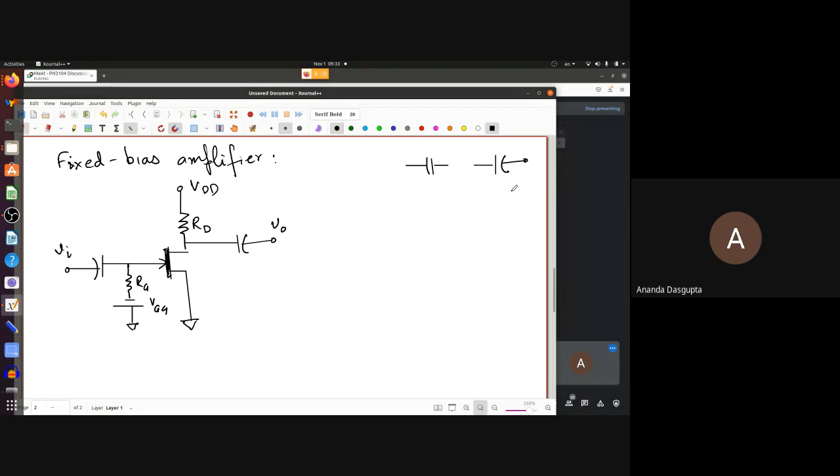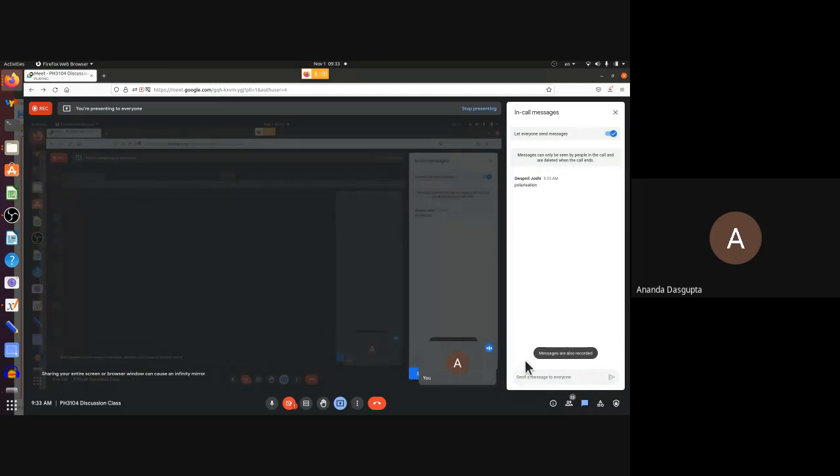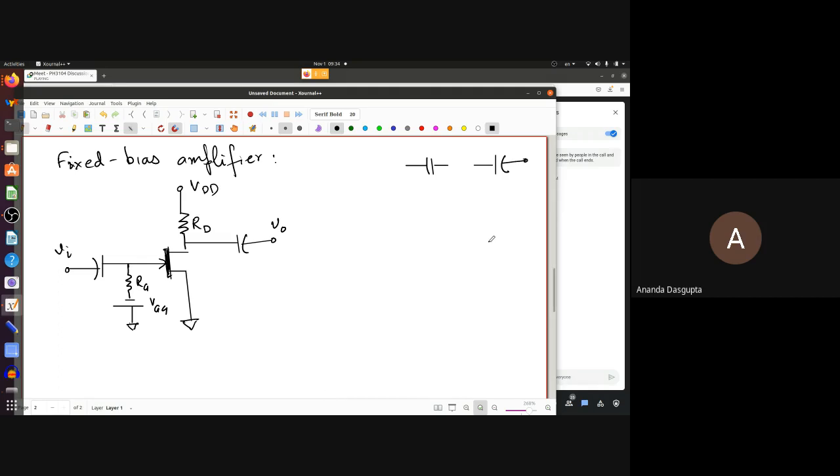Somebody is writing in the chat: polarization. Yeah, Swapnil, you are right, the construction is different in the two cases. Mostly these are electrolytic capacitors, and there the polarity matters. It's not really polarization so much, it's more polarity.